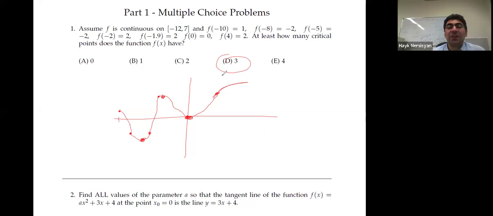I can't do any better in this graph. Sorry, my drawing skills using this tablet are not perfect or close to perfect. Here, everything is smooth. So we first put in the dots, and then we try to connect these dots through some smooth curve. And then we count the number of critical points.